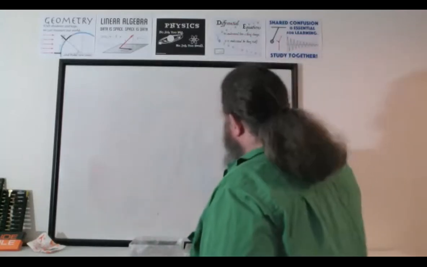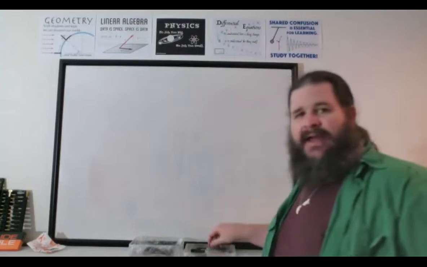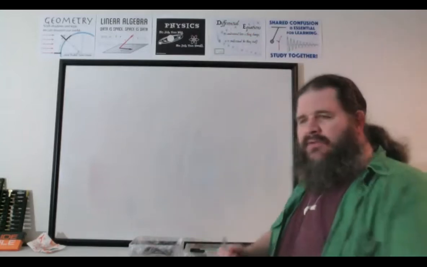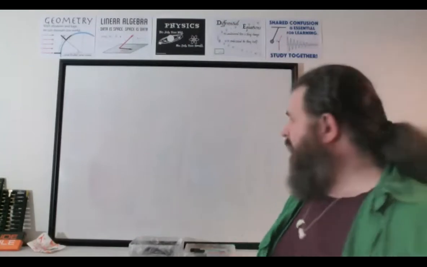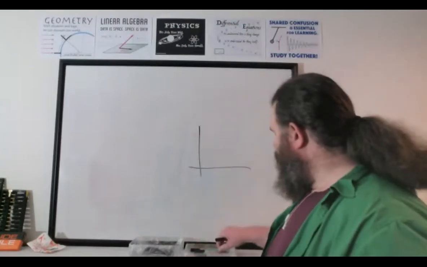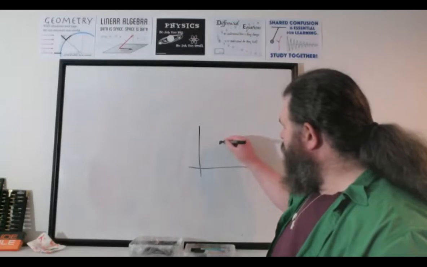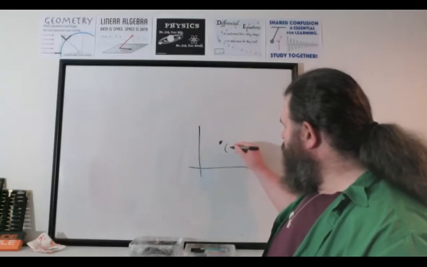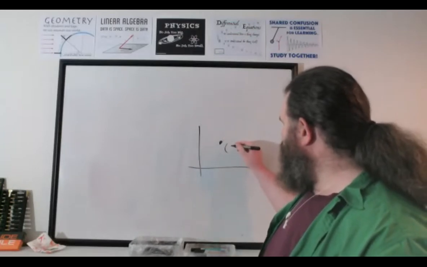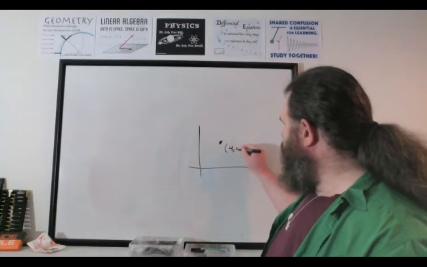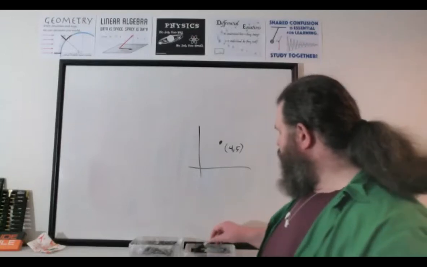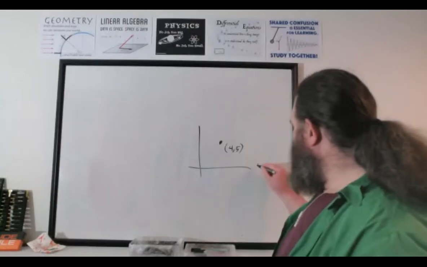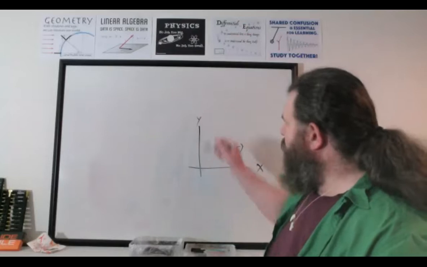One other difference is Picard's method is set up to assume that the initial value is 0, 0. If the initial value is not 0, 0, you can always just modify your coordinate system so that it is. Like for instance, let's say your coordinate system has this as your initial condition, let's say 4, 5. What you can do is set up a new coordinate system. Like let's say these are your x and y axes.